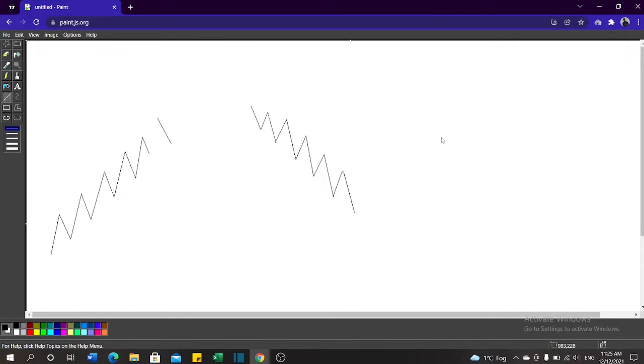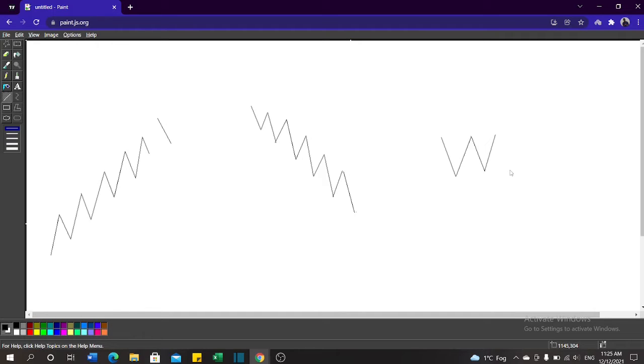So let's say price is at this point, tries to go down, but it doesn't go lower than that, and it tries to go high, it doesn't go higher than that. Then it tries to go down again, doesn't go lower. It tries to go back up again, doesn't go up.